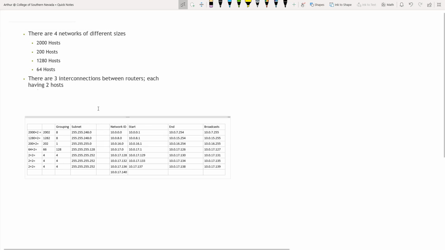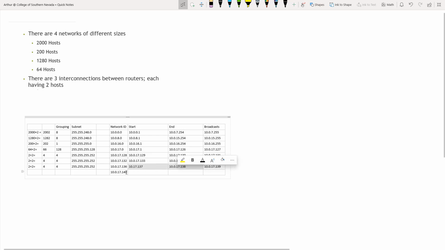And there is our subnet in a nutshell. We have 7 networks. Here are the starting IPs. Here are the network IDs of those 7 networks. Here's the starting usable and the ending usable in those network ranges.